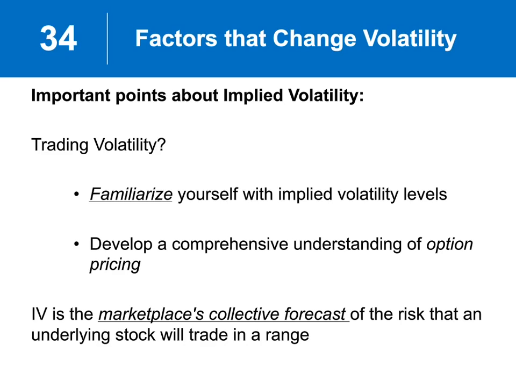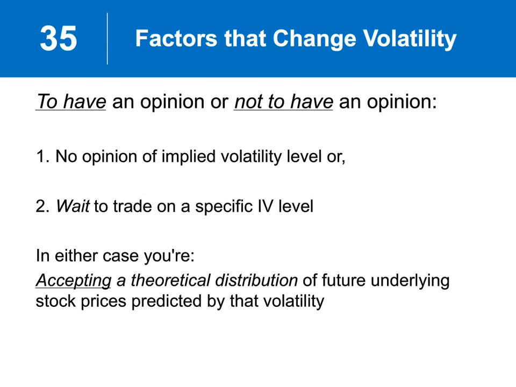All right, so remember, implied volatility is a collective forecast. And who's it collective of? All the buyers and sellers. So do you have an opinion on implied volatility, or do you not have an opinion on implied volatility?